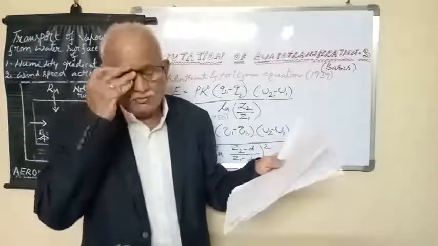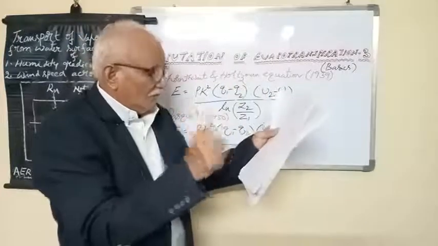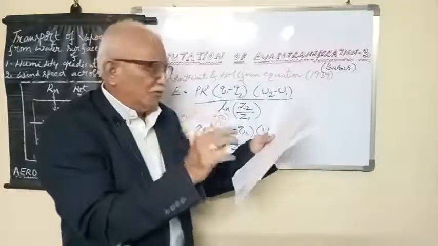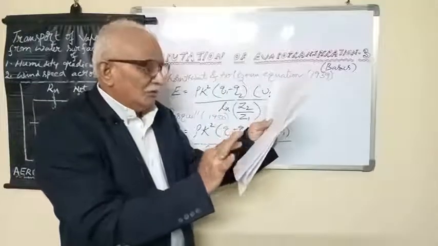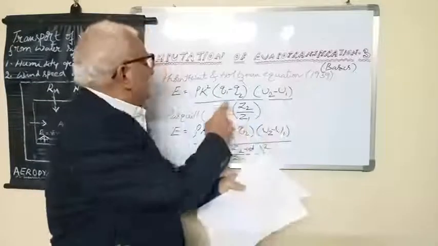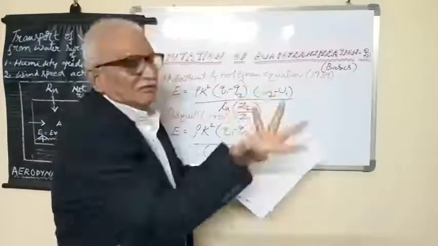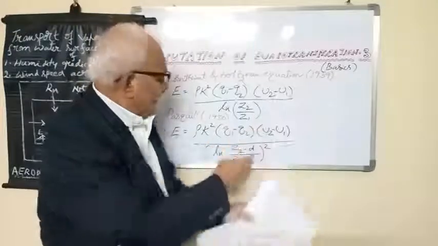Wind is always denoted by U. That's it, U2 minus U1. Q is specific humidity. U1, U2, Q1, Q2 are the wind speeds and specific humidities. Z2, Z1 are heights. That's it. D is the zero plane.